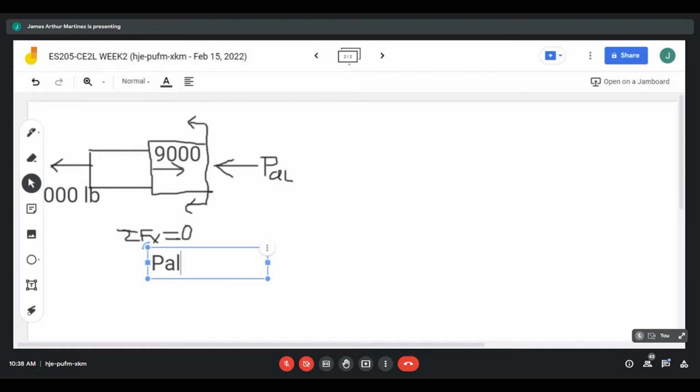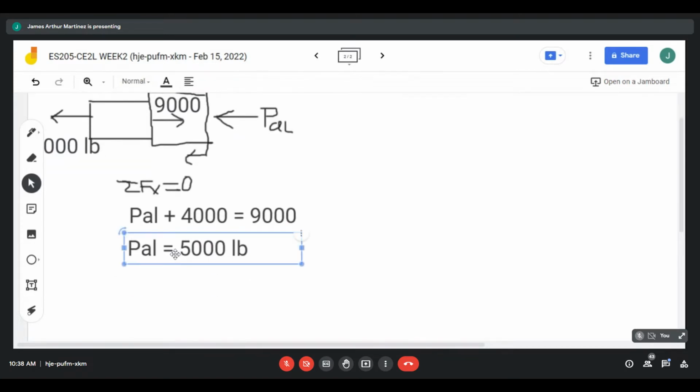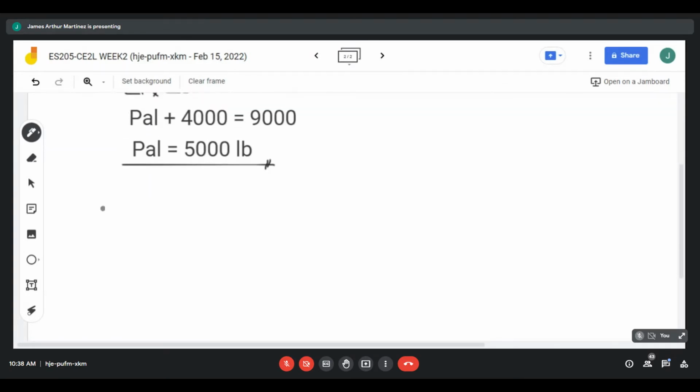Therefore, PAL is equal to 9,000 minus 4,000, which is 5,000 pounds. So the internal reaction of aluminum is 5,000 pounds.